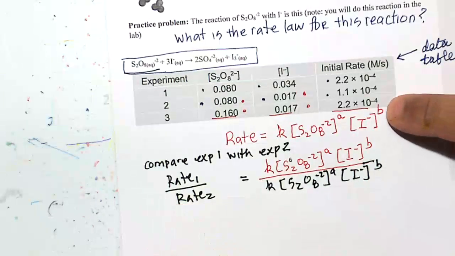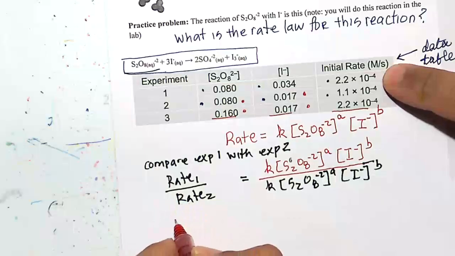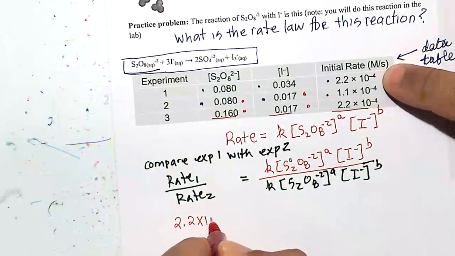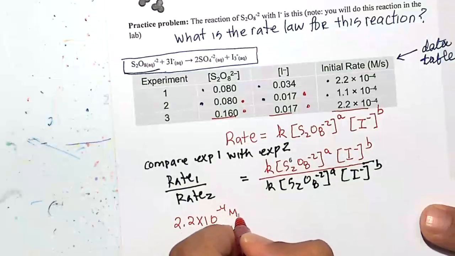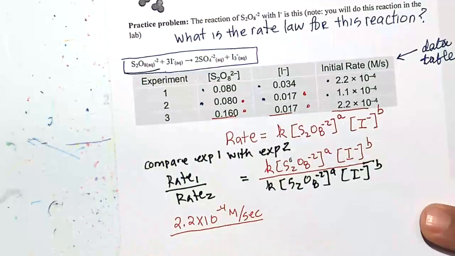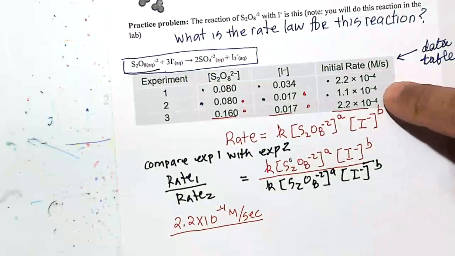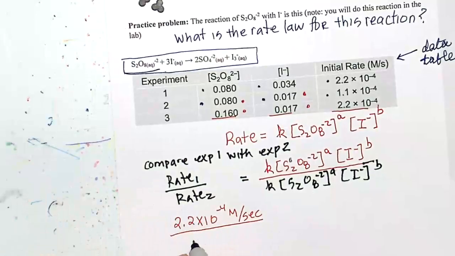All right, let's substitute. What is rate 1? Do you all agree it's 2.2 times 10 to the minus 4 molar per second? Okay, what is rate 2? Do you all agree it's 1.1 times 10 to the minus 4?